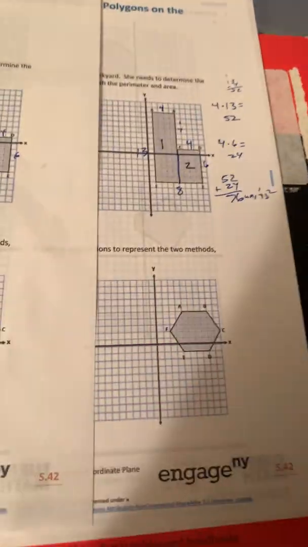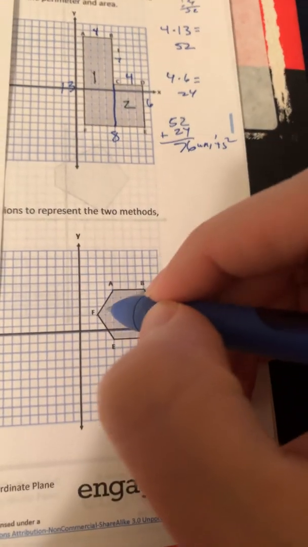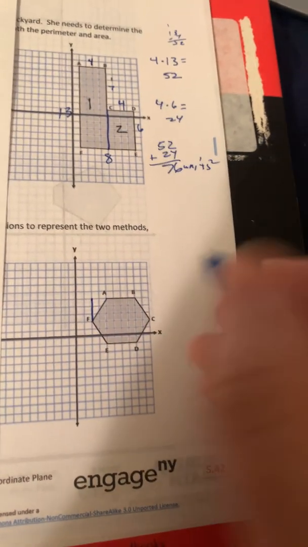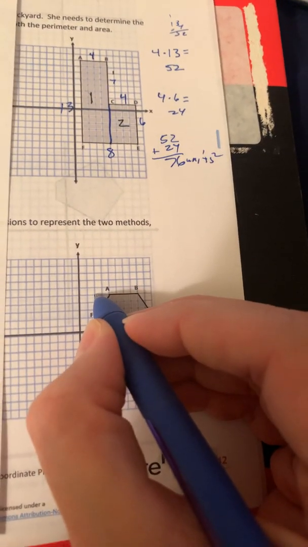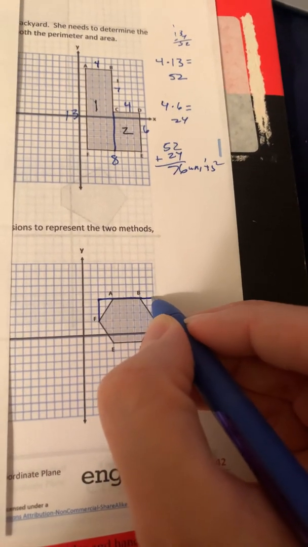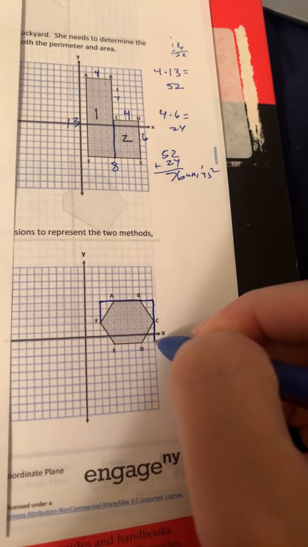The other method is right here. Okay. And I'm going to use this color just to change it a little bit. I'm going to make this into a parallelogram. And look at this. I'm going to connect these. Okay. Look at this, you guys.